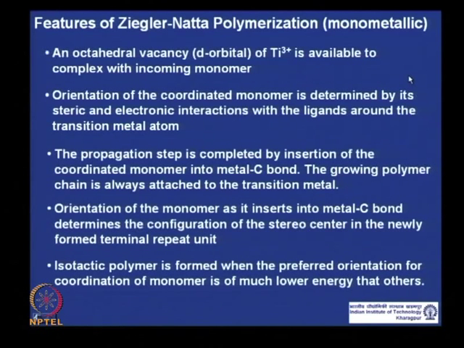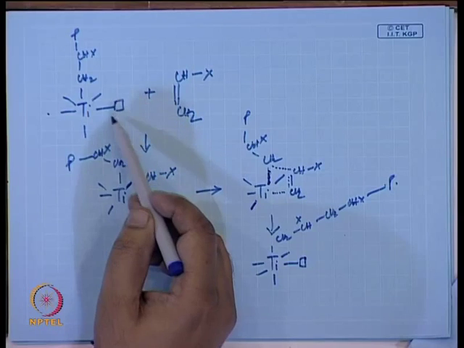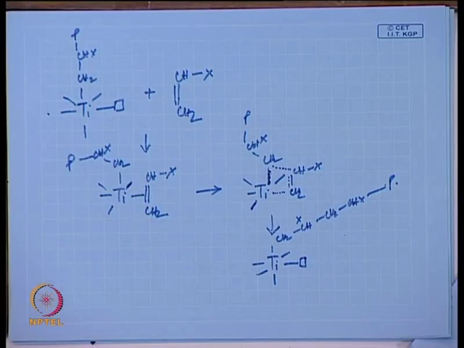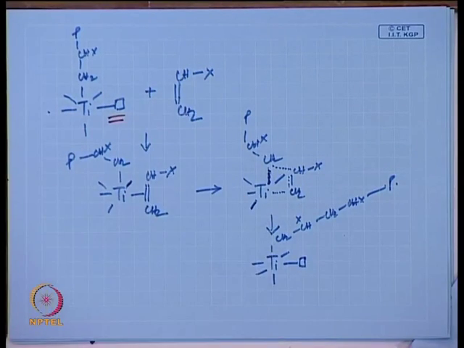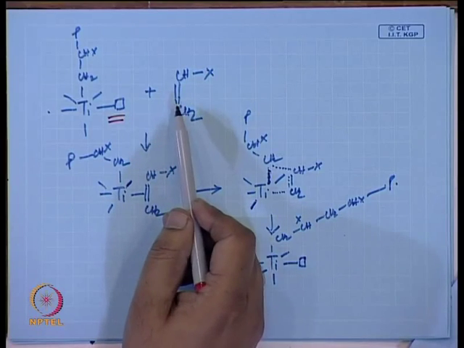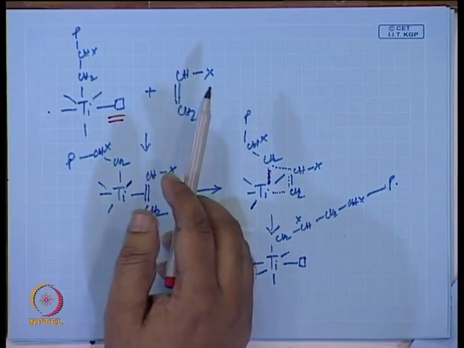Basically, an octahedral vacancy, which is a d orbital of titanium 3 plus, is available to complex with the incoming monomer. So, in this case there is a vacant d orbital which is available for complexation with the incoming monomer.